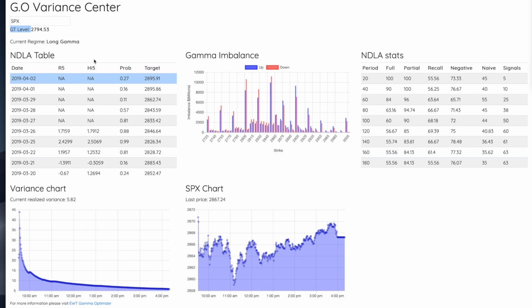So long gamma is an interesting regime. The net result of being in a long gamma regime is that the market tends to have lower volatility. The market doesn't have that much volatility because any volatility is being absorbed by option dealers. They are acting against volatility. Another consequence of low volatility and being long gamma is that the market tends to just drift upwards.